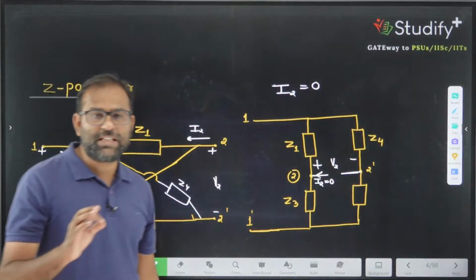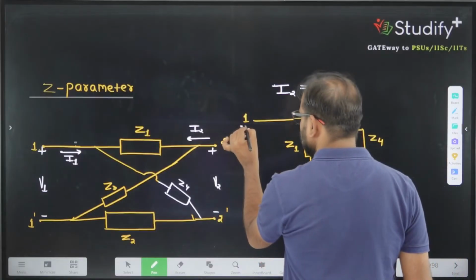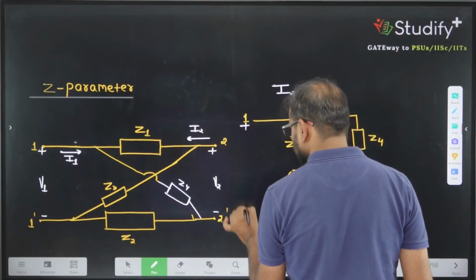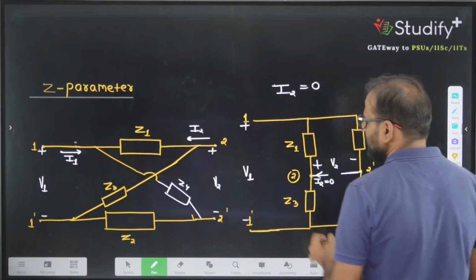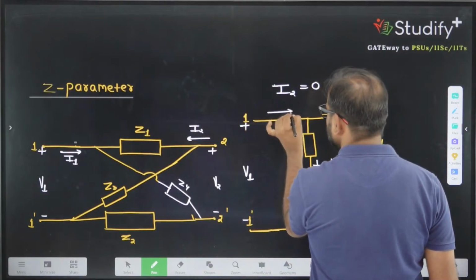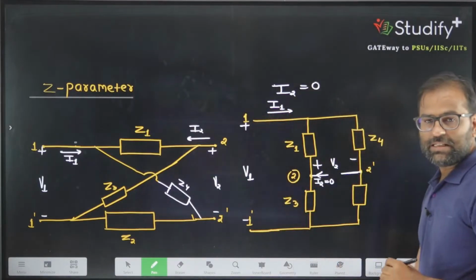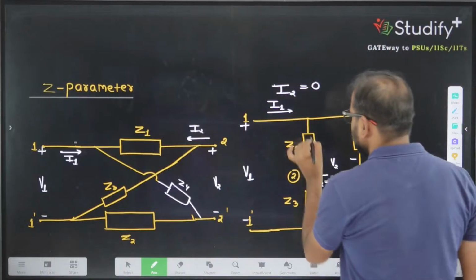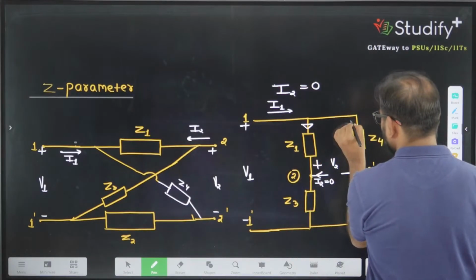Now this is one of the easy networks for us to calculate the Z equivalent. If the input port voltage is V1 and the current is I1, can I say what the current going in this branch is, and what the current going in this branch is?